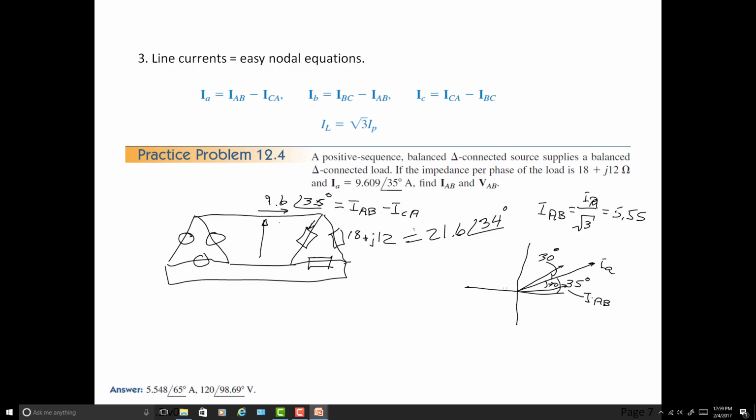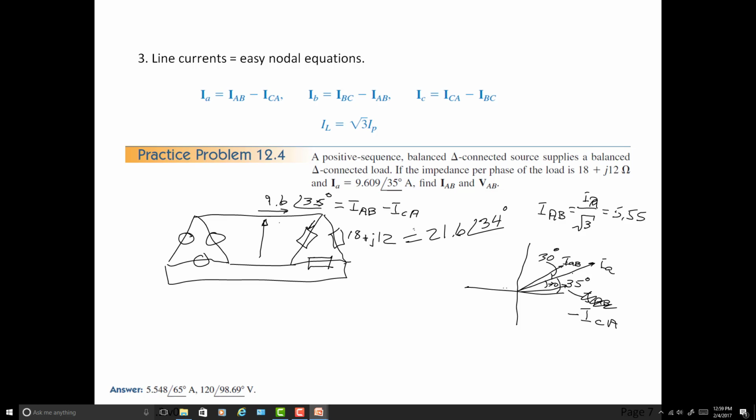I'm sorry, this one will be IAB up here, right? Because it's the positive, IAB. And this will be, I'm going to take all those up, this will be minus ICA, right?